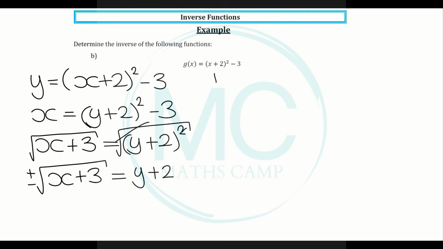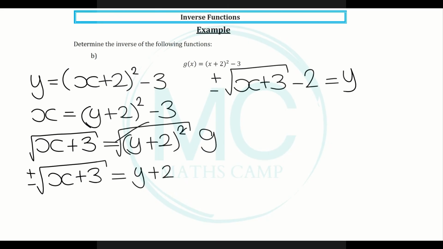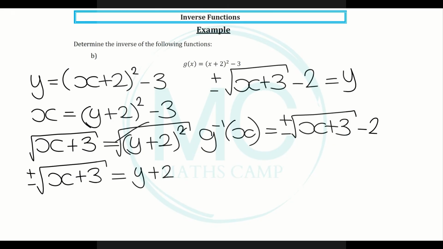I'm going to get positive or negative square root of x plus 3, minus 2, is equal to y. This is the equation for the inverse. I can write it as g to the power of -1 of x is equal to positive or negative square root of x plus 3, minus 2.